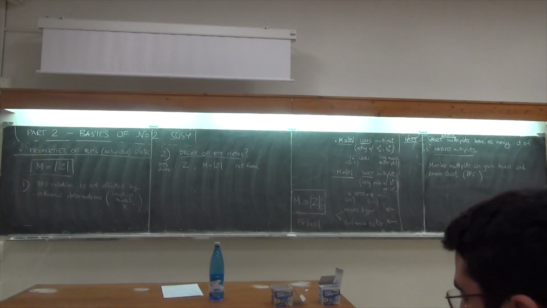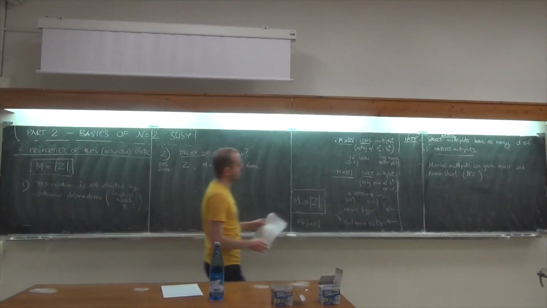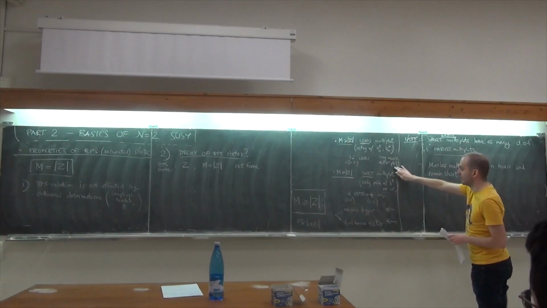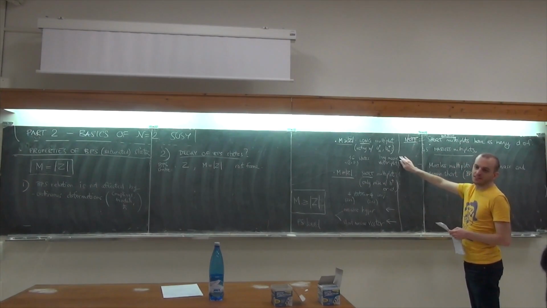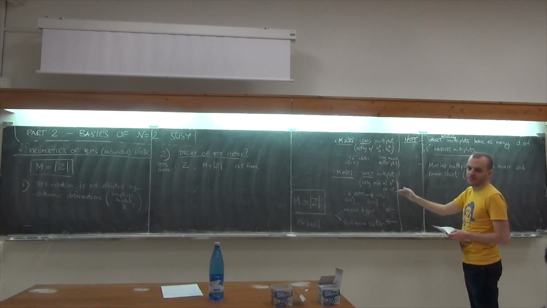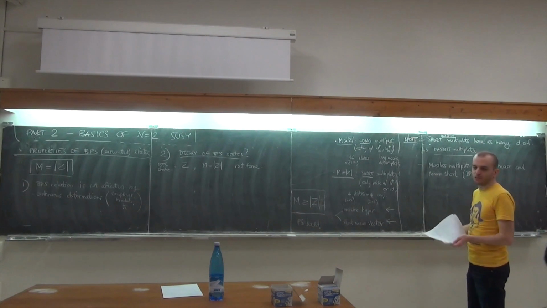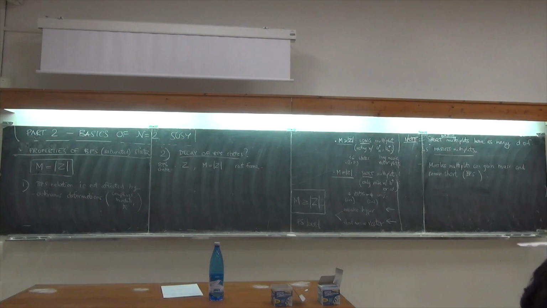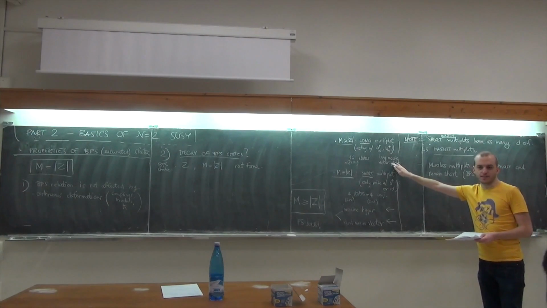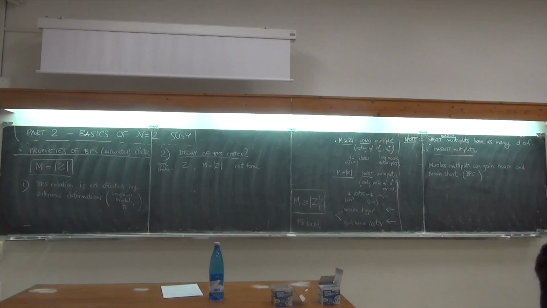For instance, I mentioned that you can get this long massive vector multiplet from a Higgs mechanism by eating the massive hypermultiplet. If you send the mass to 0, it will split into two massless multiplets. But that will only happen when the masses tend to 0.